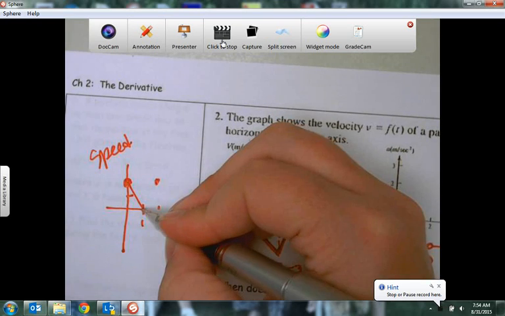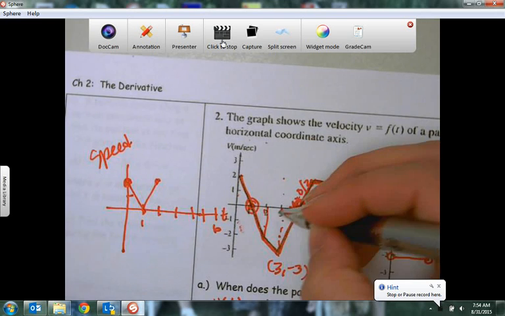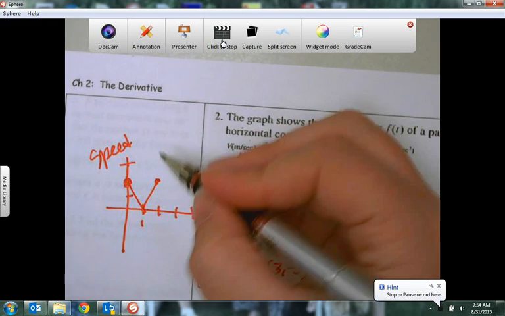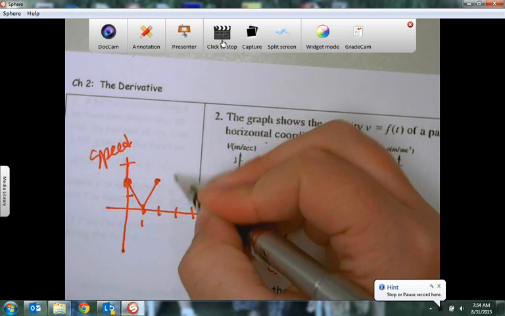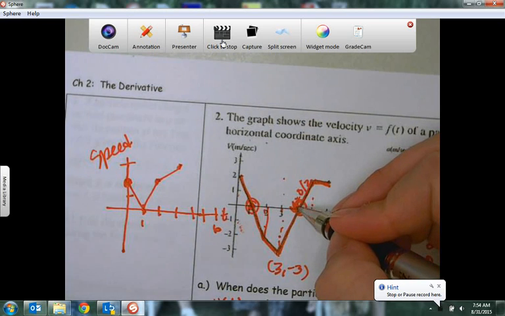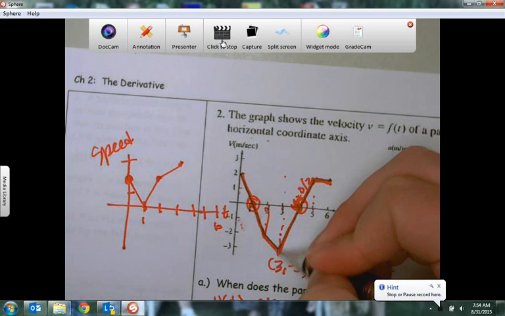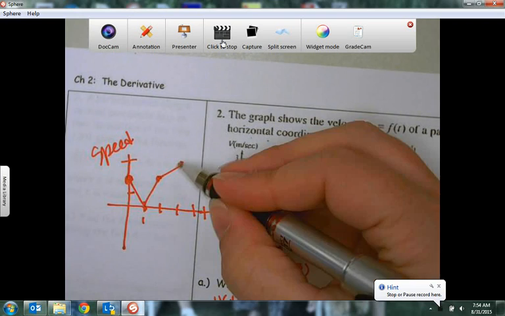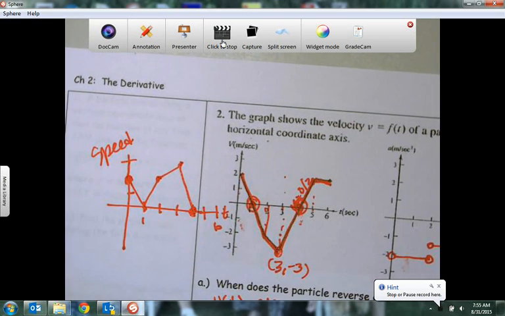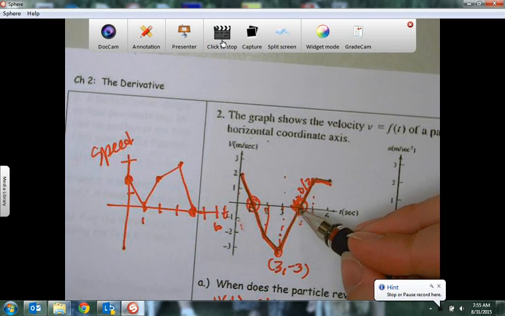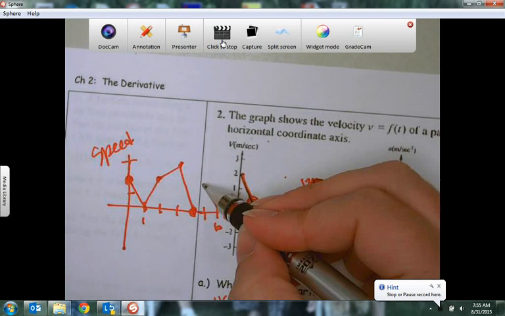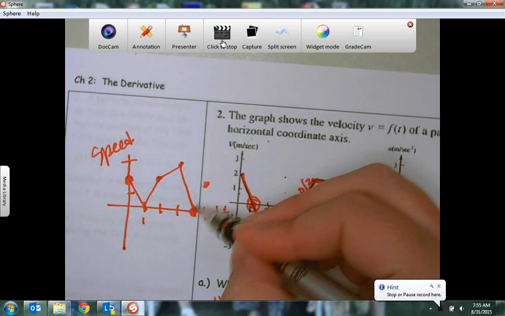And then at 3, I am now at positive 3. And then, where am I? 3 to 4, let's see, so at 4, I am back at 0. And then that gets to stay. So at 5, I'm at 2. And then it's constant. Okay, so there's my speed.